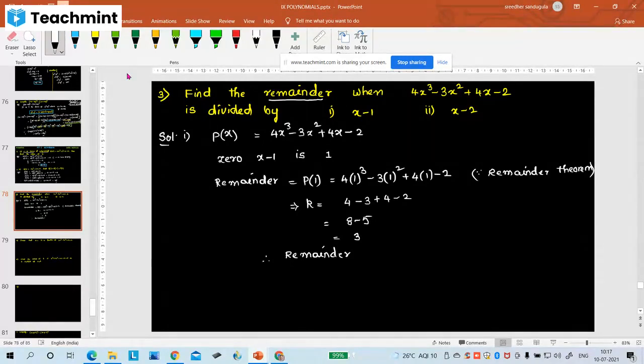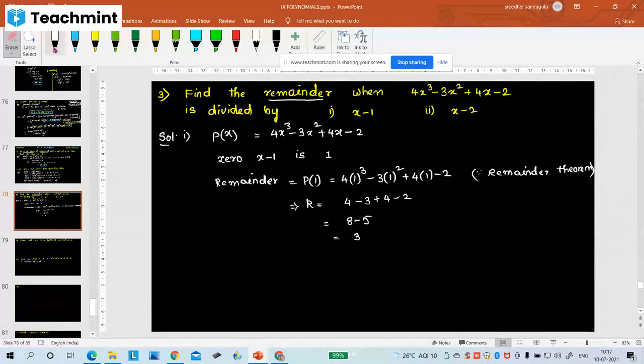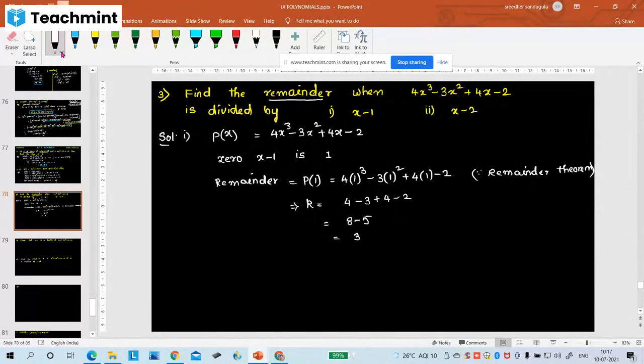Remainder equals 3. So if you want, you can write in detail: when P of x is divided by x minus 1, the remainder is 3. That way you can write the conclusion in detail. So let me write that, because 2 questions have been given.